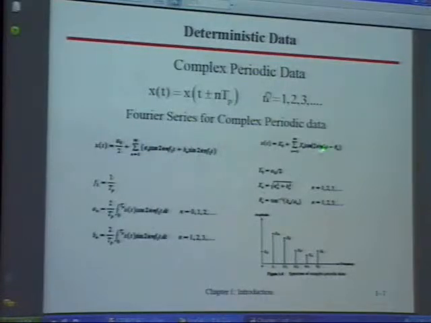Sometimes I express that as Fn. Fn is equal to n times F1, right? So you can tell not only the amplitude distribution, but also the frequency contribution to the particular frequency.